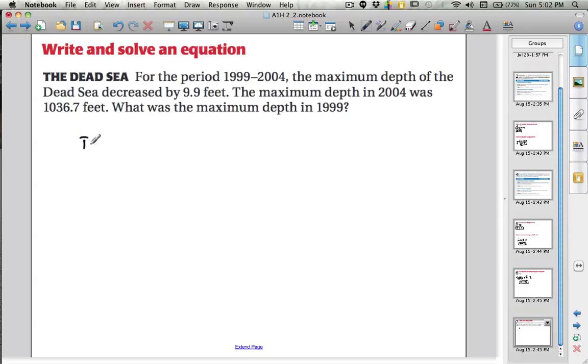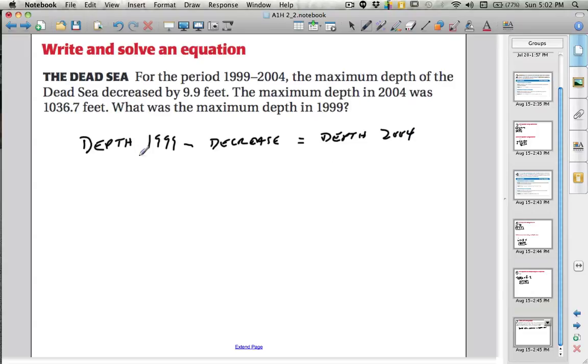Well, I know that the depth in 1999 minus the decrease will equal the depth in 2004.